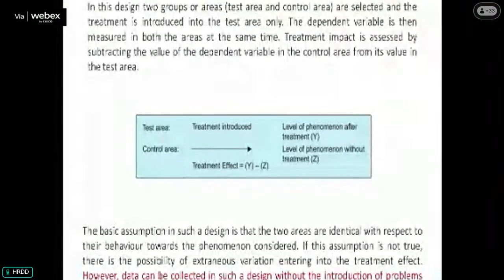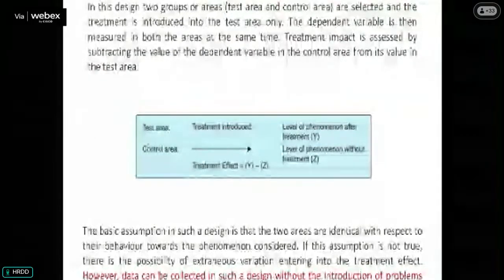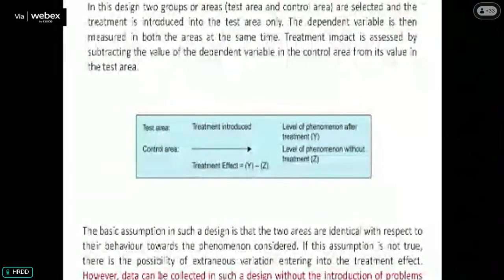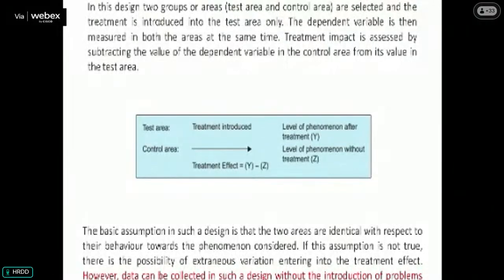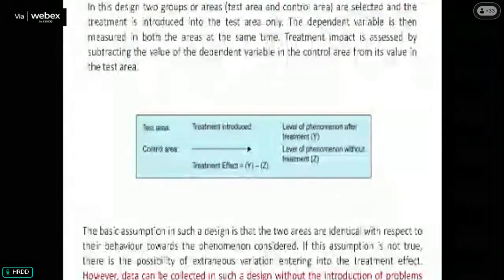Treatment impact is assessed by subtracting the value of the dependent variable in the control area from its value in the test area. Where the treatment is introduced is Y, and where the treatment is not introduced, the control area, is Z. So Y minus Z gives you the treatment effect, different from the previous one.